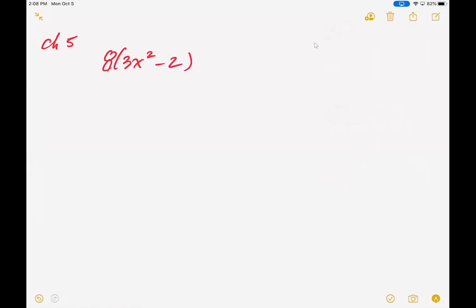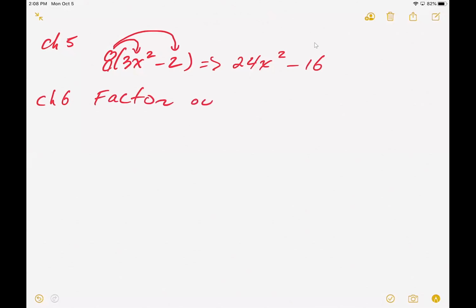In chapter 5, we ask you to distribute this in, and if you do, you have 8 times 3 to give me 24x squared, and 8 times 2 to give me 16. So the reverse of chapter 5, where you distribute in, is chapter 6, where we ask you to factor out. Whatever we do, we just extract them out.